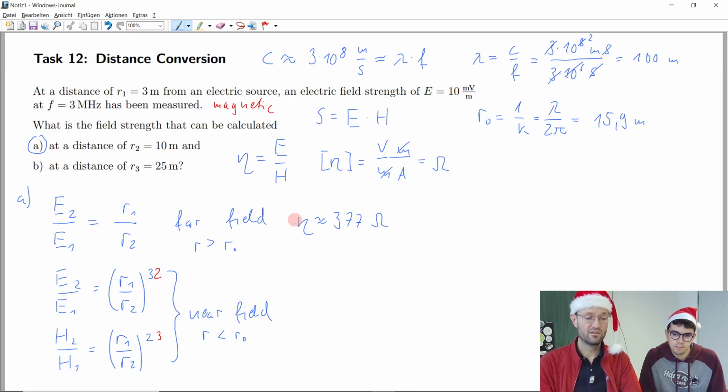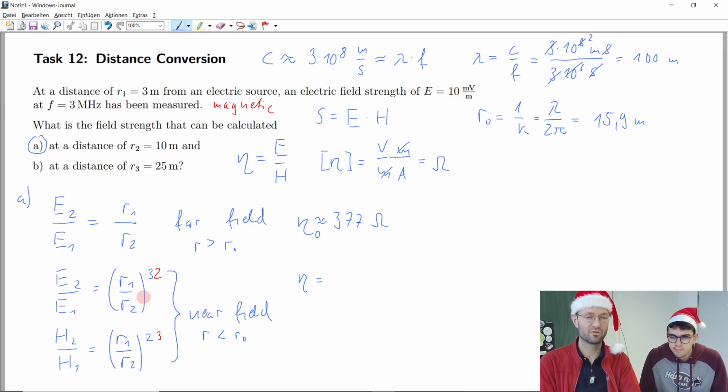And so in the far field, we had this 377 ohm of field impedance, and in the near field, if we use this formula here once again, let's call this eta 0. So this is the one that we have in the far field. In the near field, we could insert this dependency in the general formula and cancel some stuff.